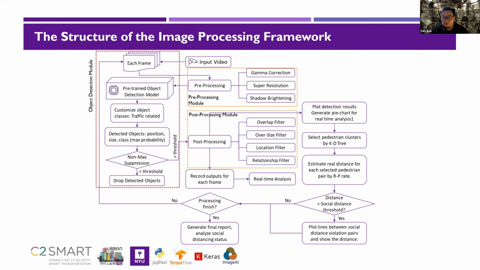So we will use different filters to improve the detection accuracy and eliminate detection errors for this study. And there is one more filter called the relationship filter, which is used for the next model to get more accurate social distancing results based on the judgment between the pedestrians to find out if they are close to each other or not.